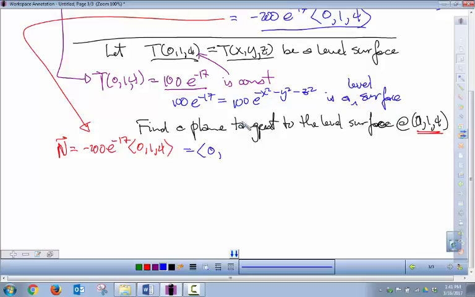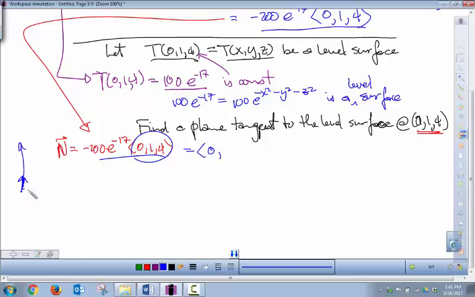Because this vector and this vector are going in the same direction, except this vector is probably shorter because of the e to the negative 17.